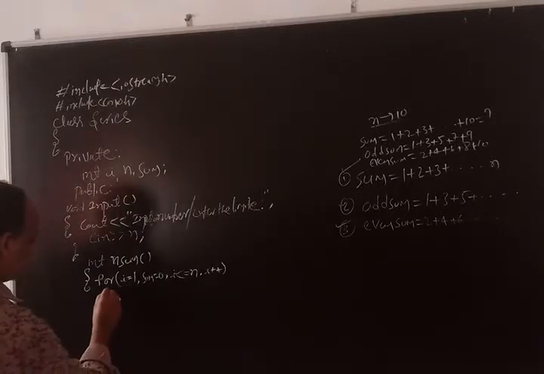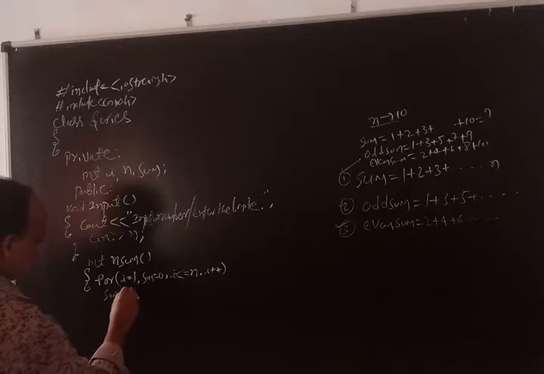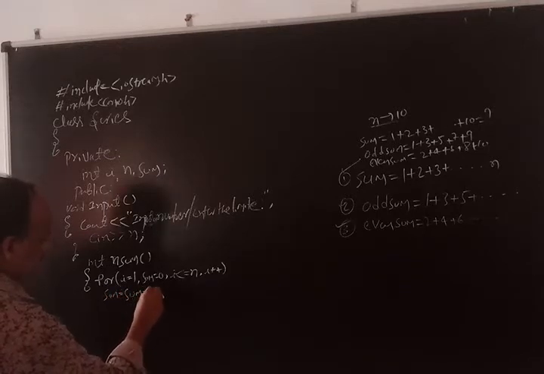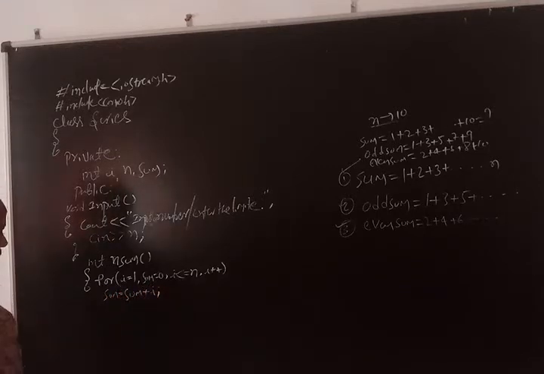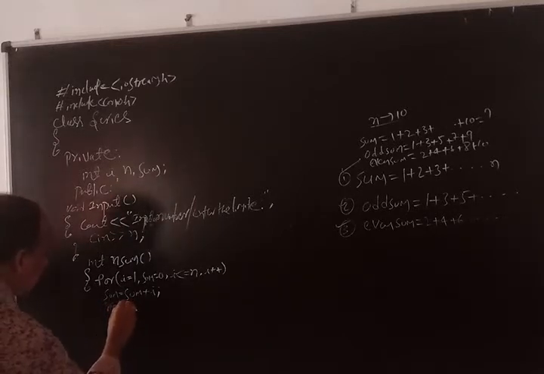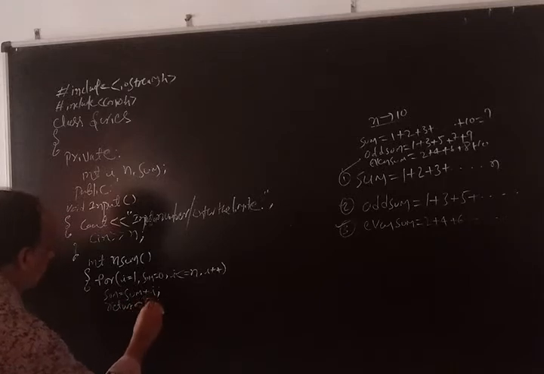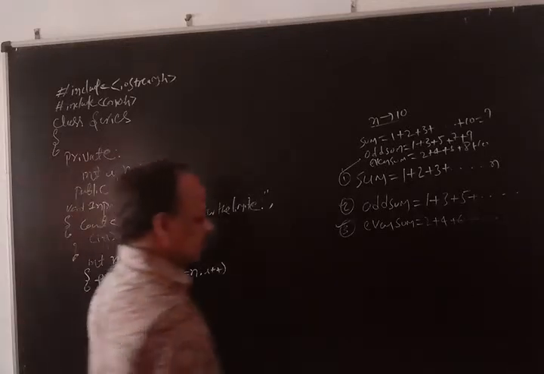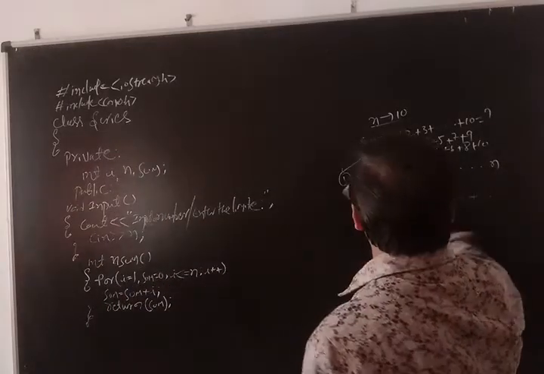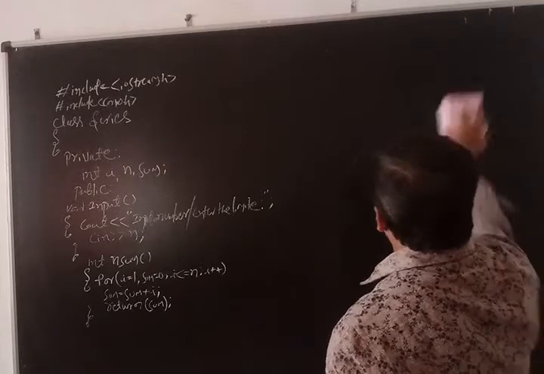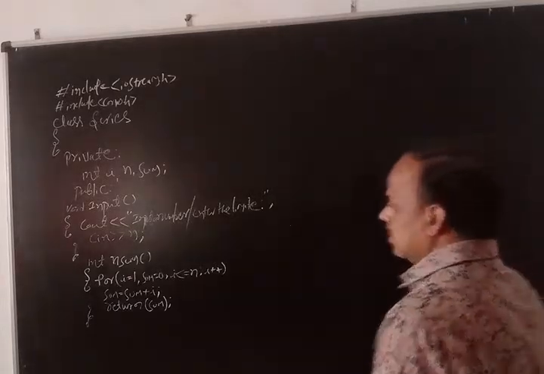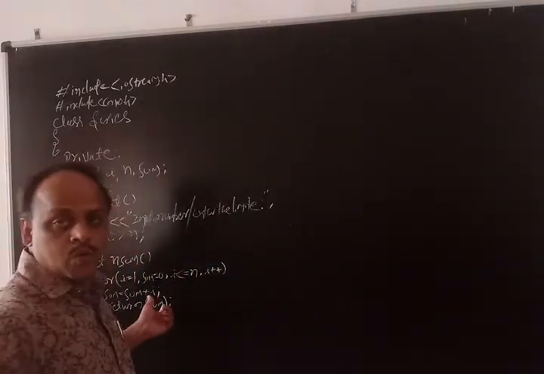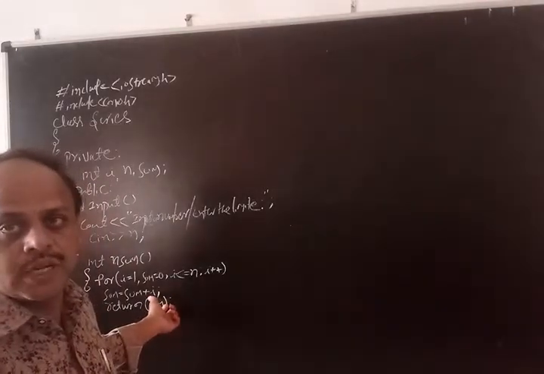Next, sum is equal to sum plus i, return of the sum, close the function. So this code finds the sum of natural numbers.